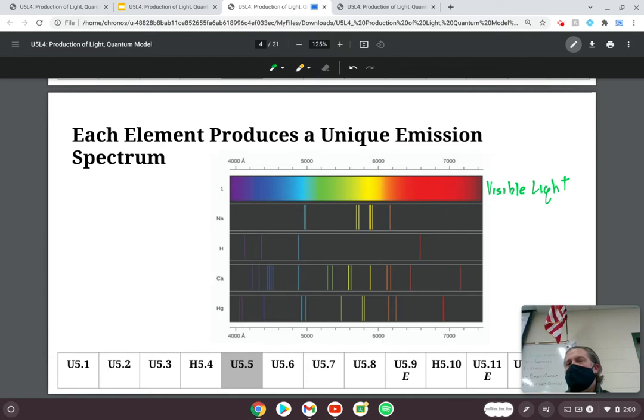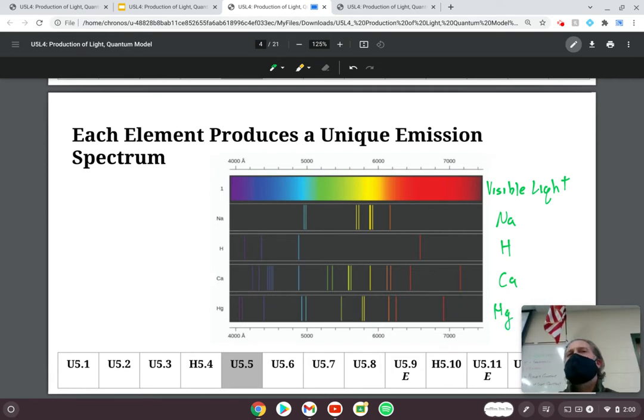Now, with this in mind, the visible light spectrum is the colors red, orange, yellow, green, blue, and purple. But down here, the next row is sodium, and the next row is hydrogen, and the next row is calcium, and the next row is mercury.